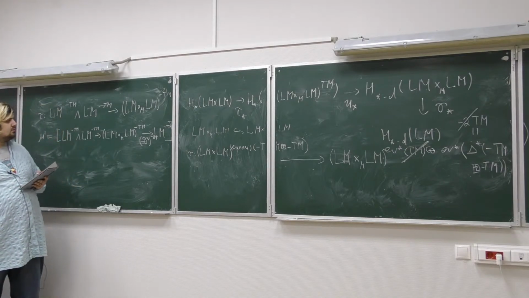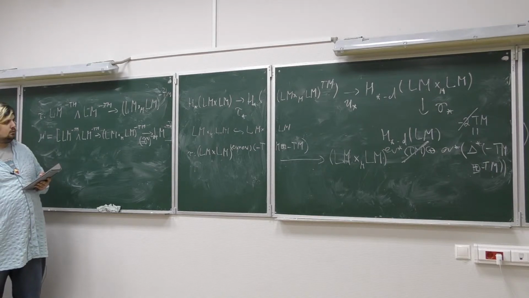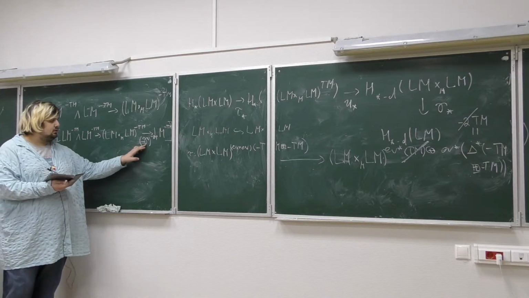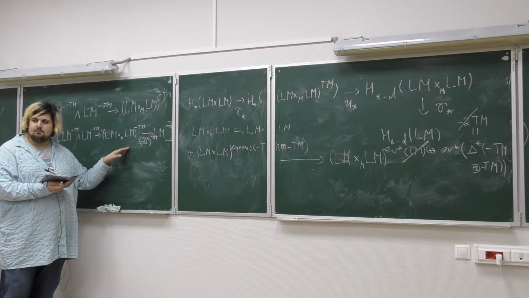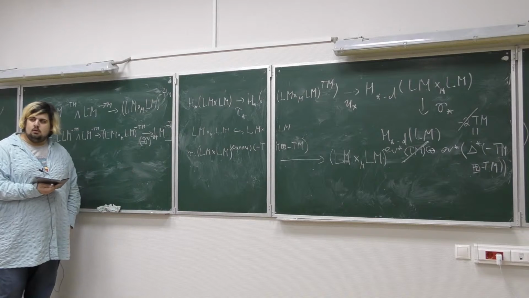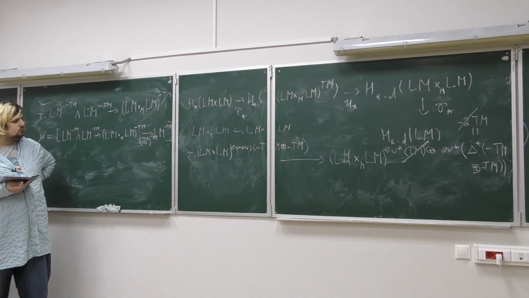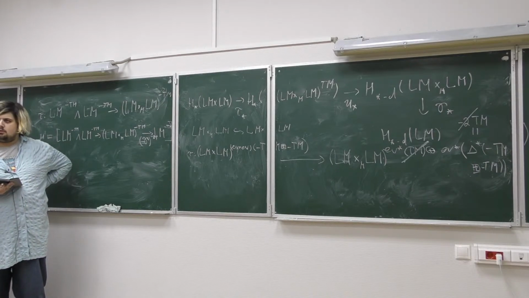Yes, it is. And what does this have to do with the loop multiplication that you defined? Are you going to tell us that? So this is precisely the Thom space functor applied to loop multiplication. But how? I mean, where does homology of Lm cross Lm appear? Sorry, I didn't understand.